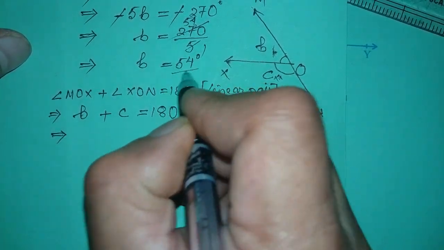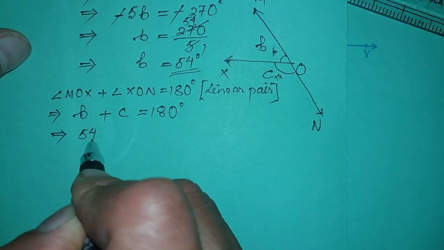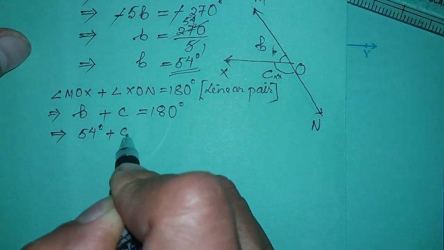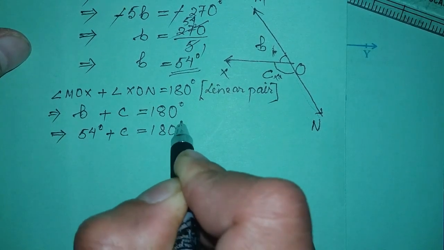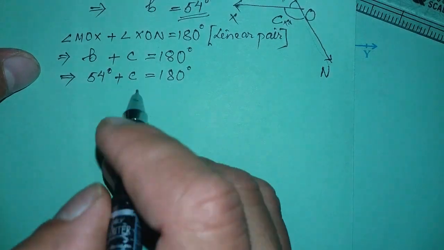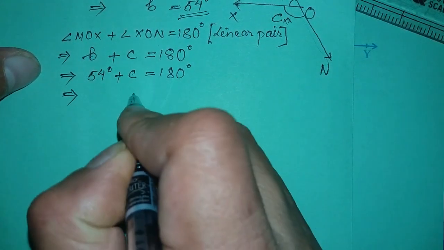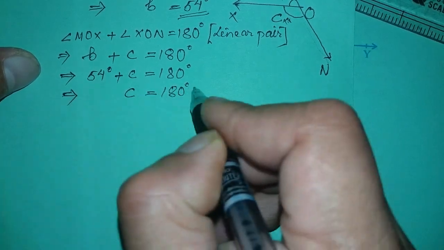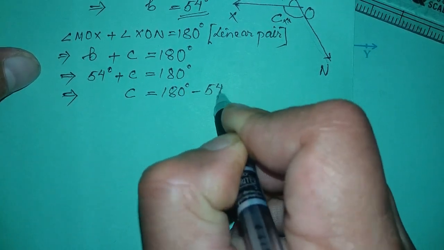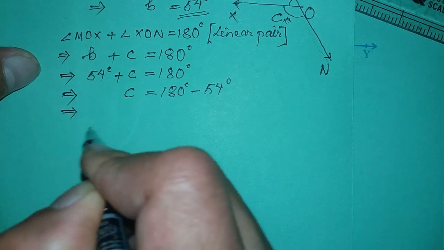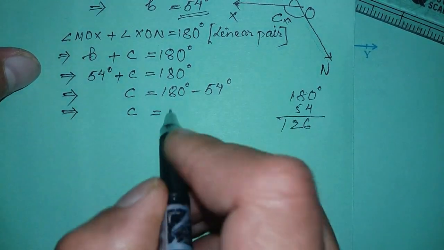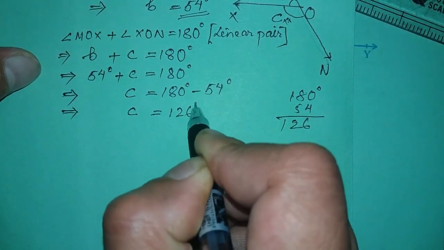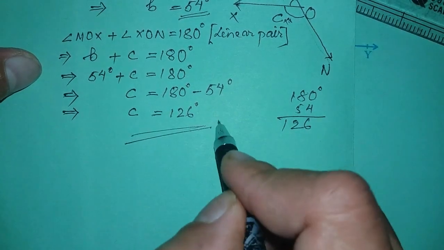Now B is 54 degree plus C is equal to 180 degree. Now what we got here is C is equal to 180 degree minus 54 degree, so we get here 126 degree. So this is our answer.